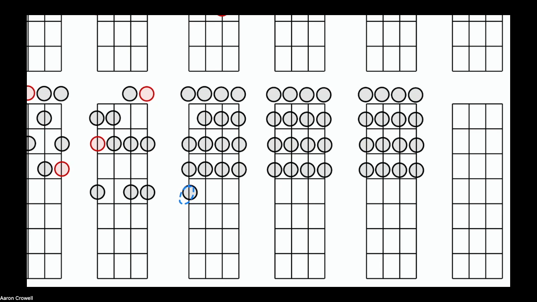Right, I need a B. So I can get rid of this. Right, that's going to give me G, A, B. And I have C. And then D, so I don't need the D sharp. I don't need E flat.